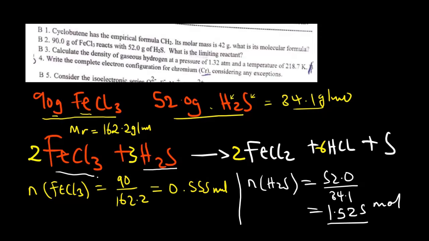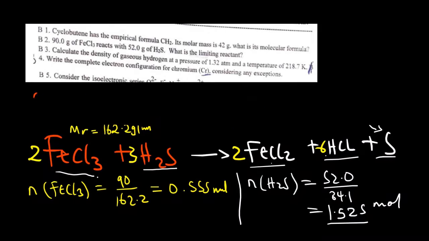So we can pick any product on the other side to compare to. We can pick sulfur, we can pick this, we can pick that. The one that is simple to use is sulfur, so let's pick sulfur as our product.